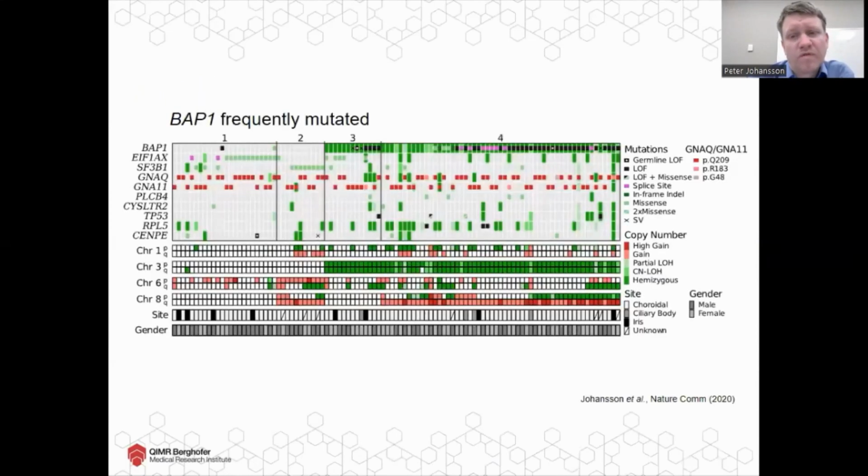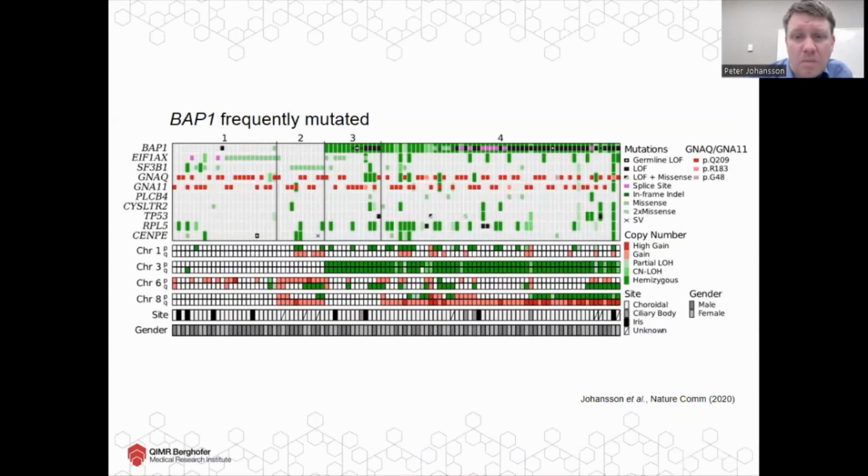This is a cohort of 103 patients. I want you to focus on the first row, where purple and black indicate mutation of BAP1. And as you can see, about 1/3 of the samples have a mutation in BAP1.